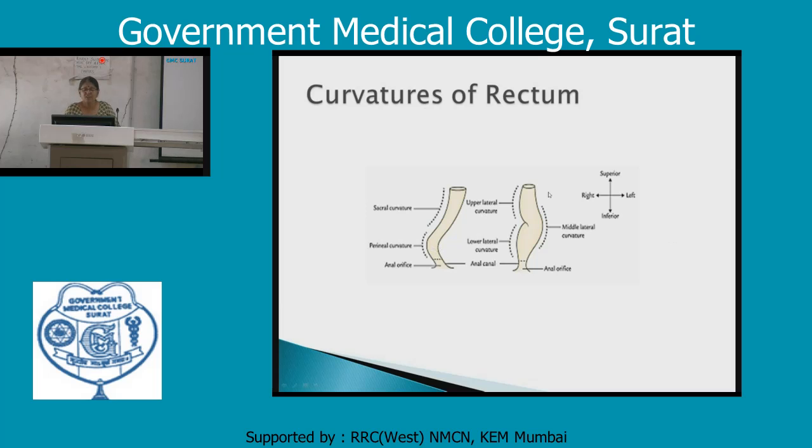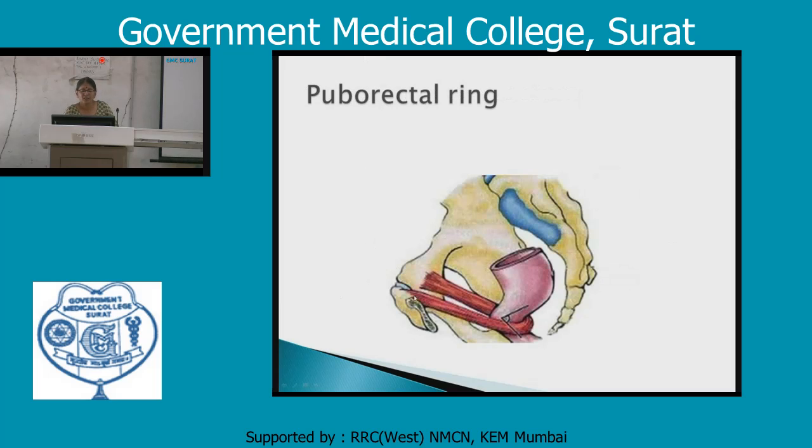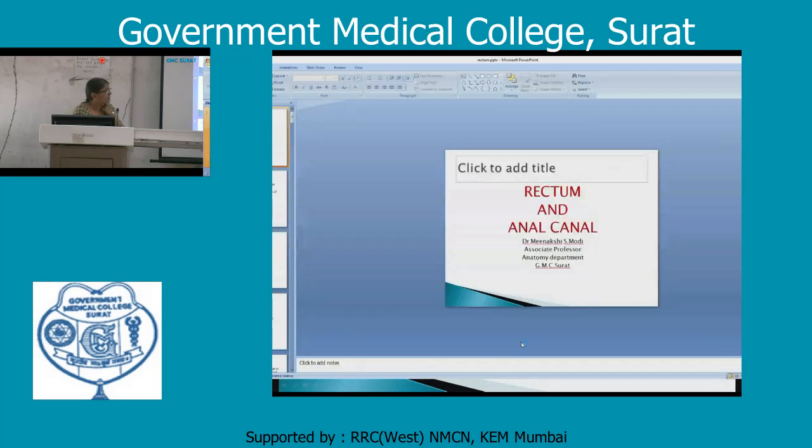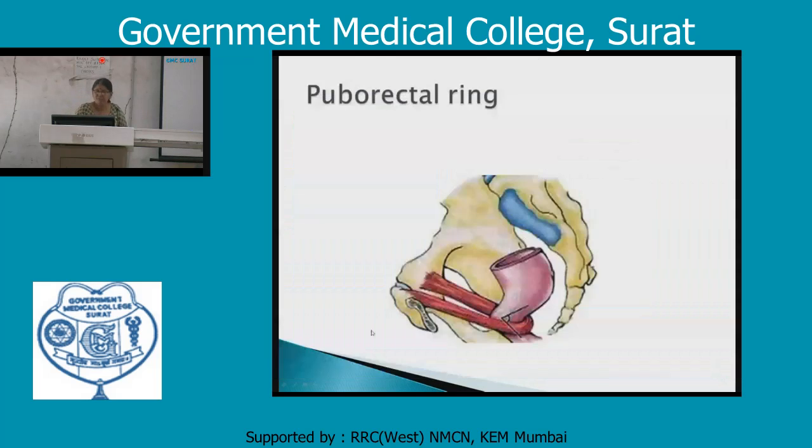This is the anorectal ring. You can see this is the pubis bone. This is pubis anteriorly, posteriorly here there is sacrum. This is rectum. Here is anal canal. This puborectalis muscle, along with the sphincters, external and internal anal sphincter, will join with the puborectalis muscle to form the anorectal ring.